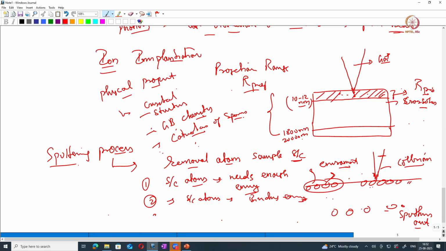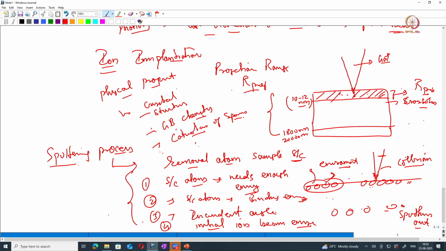Third is the incident angle, and the fourth is the initial ion beam energy. The speed of the sputtering process is controlled by these four factors.